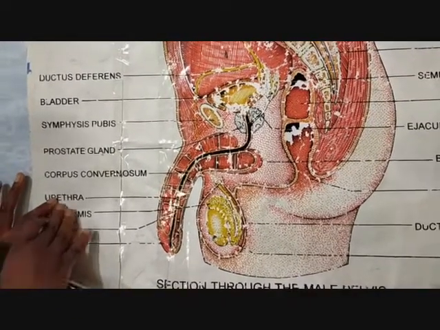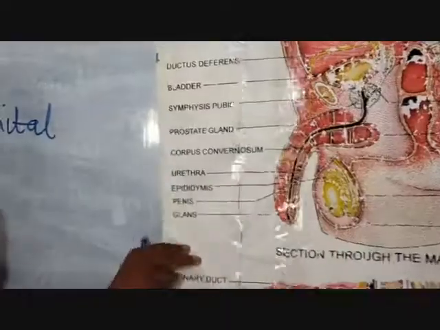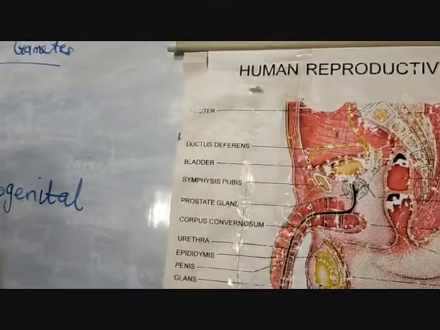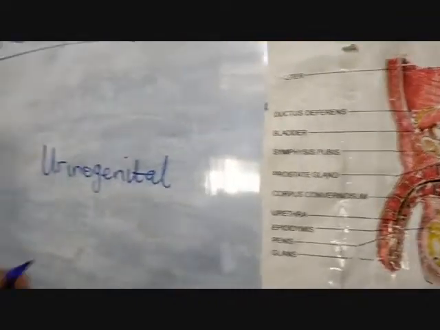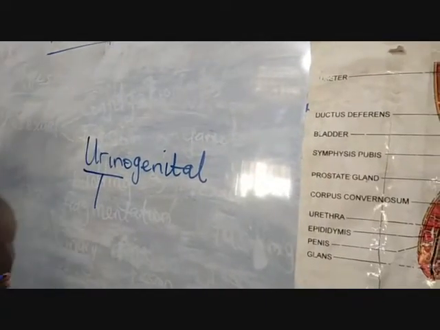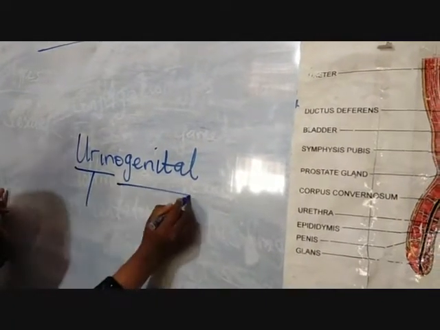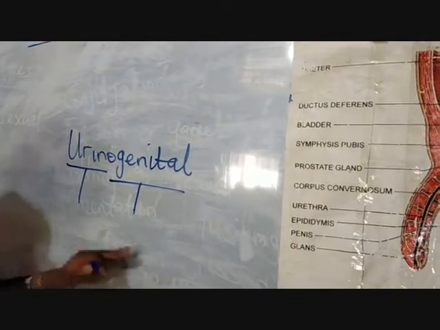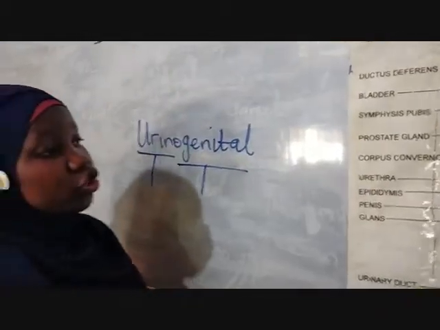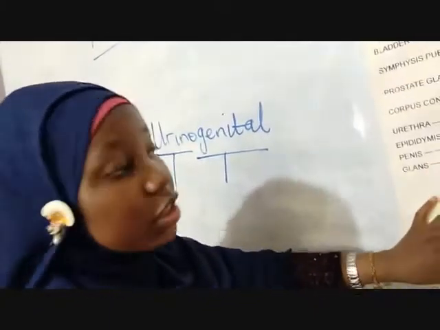We call the urethra a urinogenital organ in male because it performs the function of urine, which is excretory system, and also functions as a reproductive organ. That is, it is an intromittent organ for introducing sperm into the female.